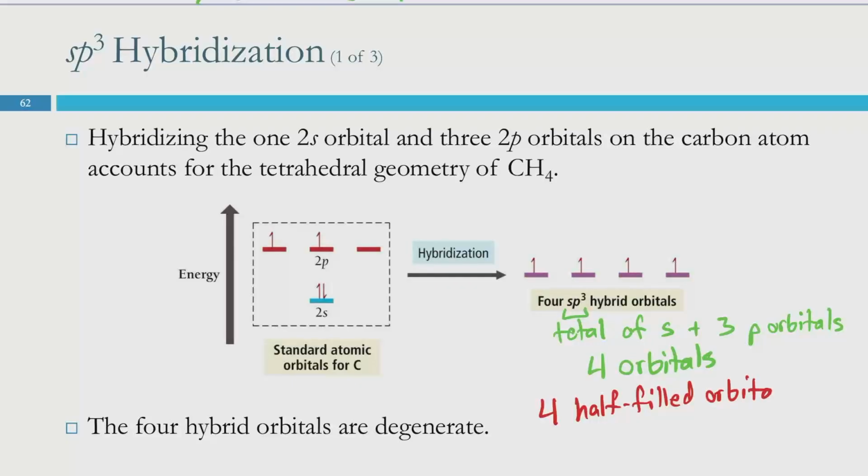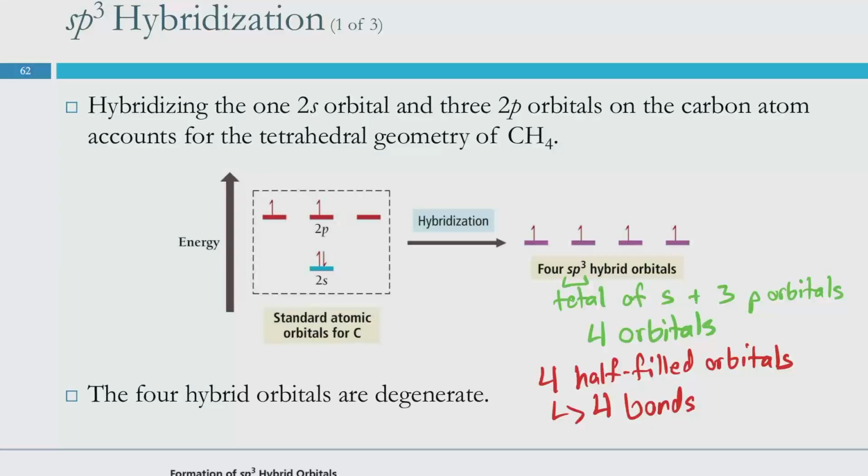That means that we can do 4 bonds, which is what carbon likes. Carbon likes having 4 bonds. And the energy of these sp3 orbitals is between the p and the s. It hybridized, the energy level sort of balances out. And the 4 hybrid orbitals are degenerate.